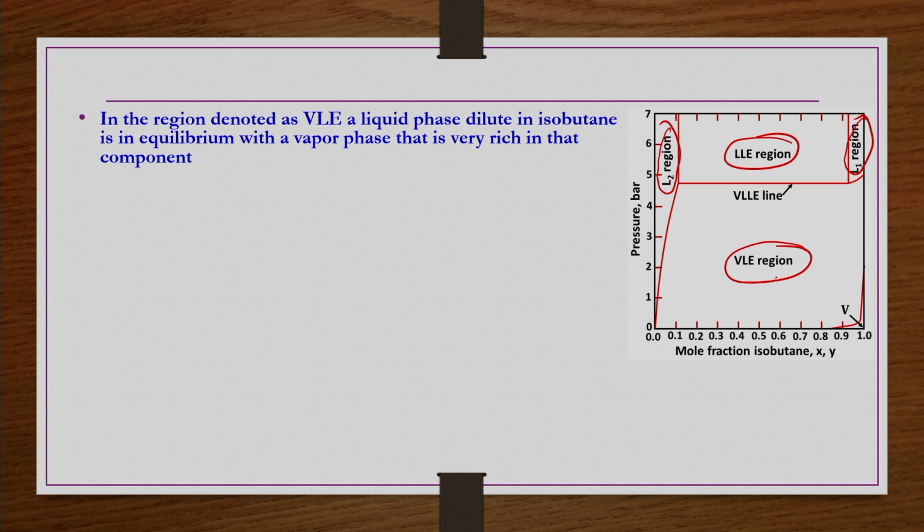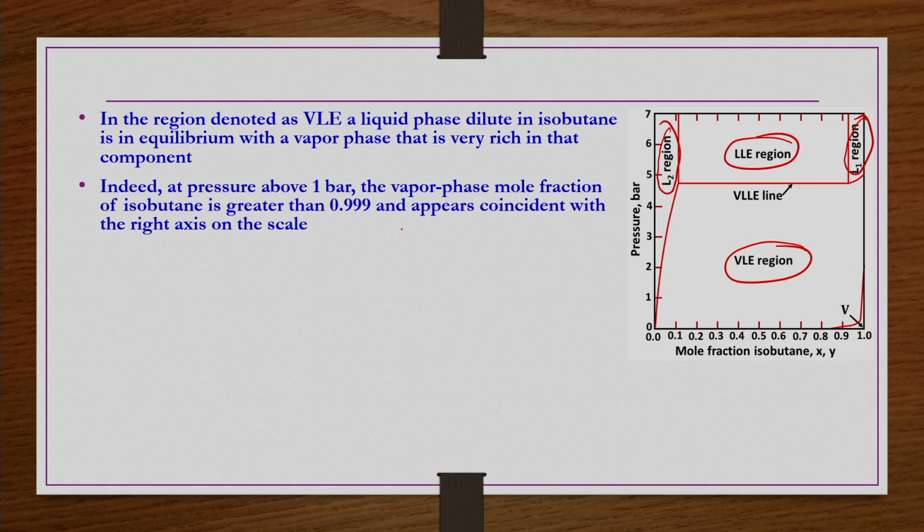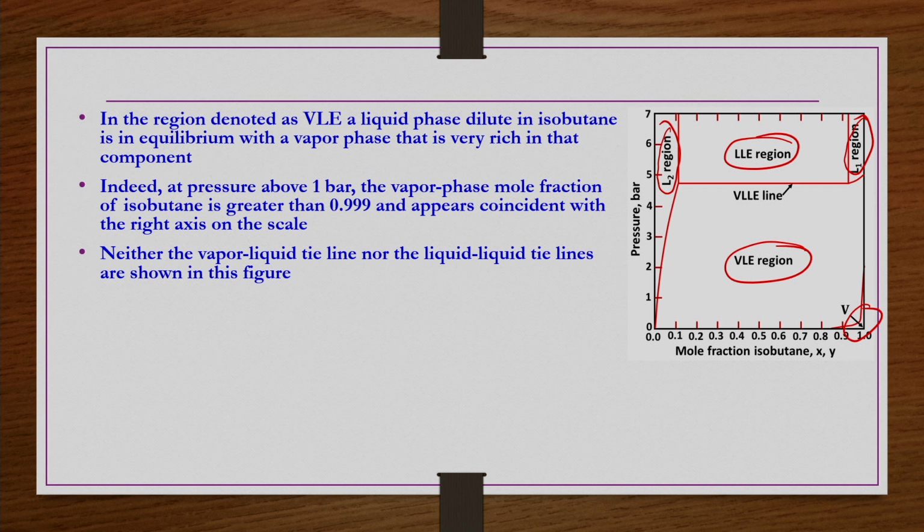Indeed, at pressure above 1 bar, the mole fraction of isobutane in the vapor phase is greater than 0.111 and appears coinciding with the right axis on the scale shown here. Neither the vapor liquid tie lines nor the liquid liquid tie lines are shown, because we are interested in drawing the phase diagram. At any given constant pressure, if you draw a horizontal line, that is the tie line, and accordingly you can find the different phase compositions.